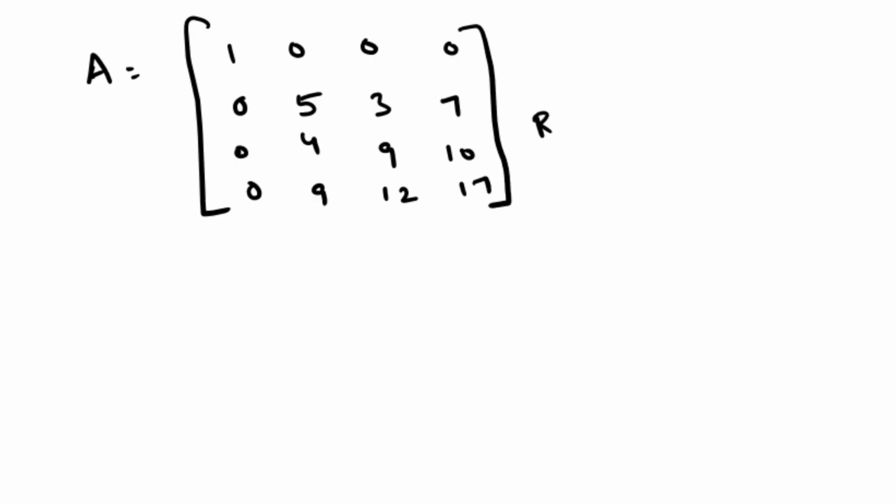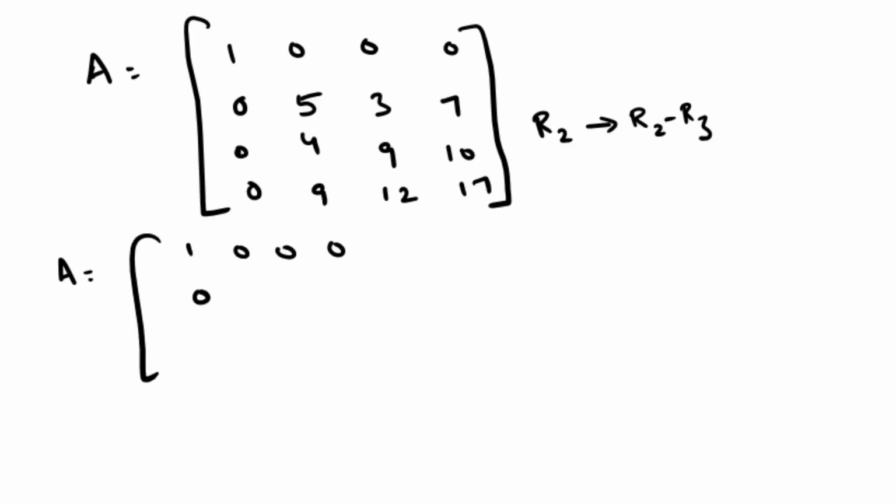R2 tends to R2 minus R3. Then A will be 1, 0, 0, 0, 0, 1, -6, -3, 0, 4, 9, 10, remaining elements will be as it is, 0, 9, 12, 17.